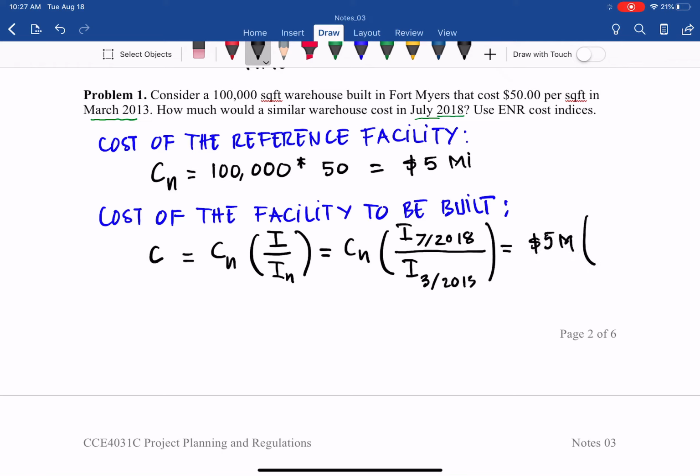For July 18 it's 11,116.42, and for March 13, 9,456, and from that we get C, the project cost of the new facility, of $5.9 million.